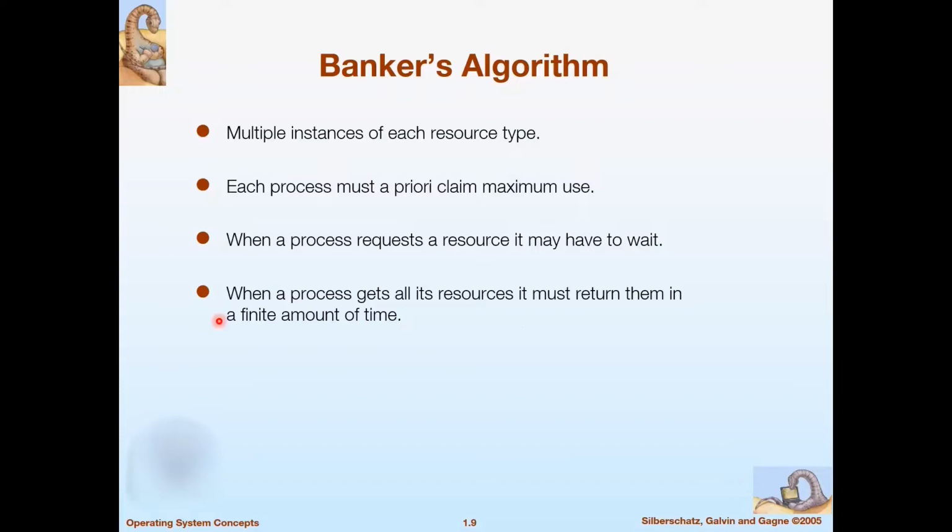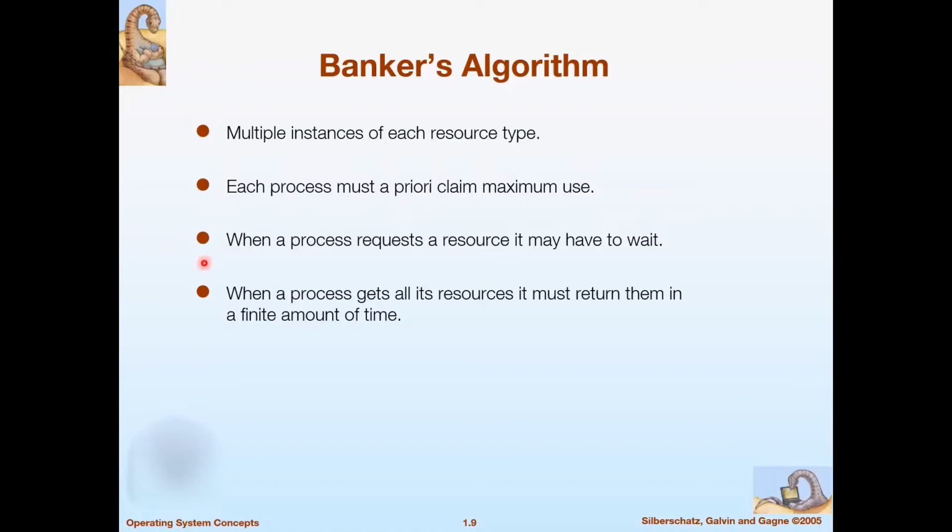If that is known by the system, then it is possible for the system to see whether the resource can be allocated or not. So the main things we need to remember whenever using Banker's algorithm are: multiple instances can exist of each resource type, and each process must a priori claim its maximum use of resources.